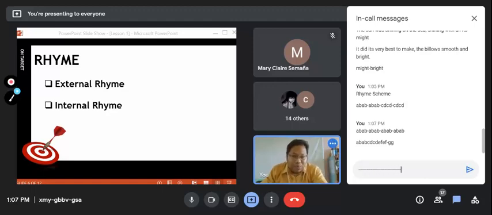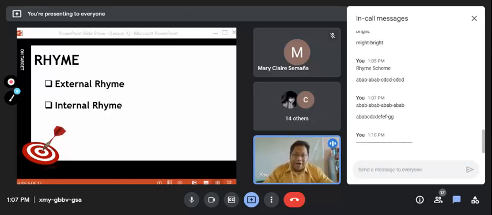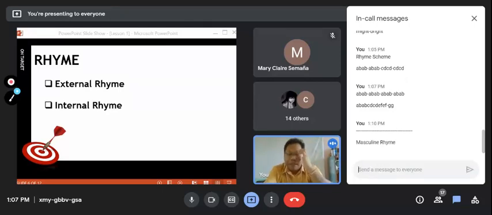Did you know that words in rhyme have gender? They actually do. In rhyme, aside from calling it external and internal, you can also have a masculine and a feminine rhyme. Here are the conditions for rhyme to be masculine.